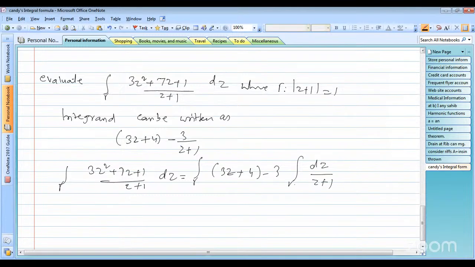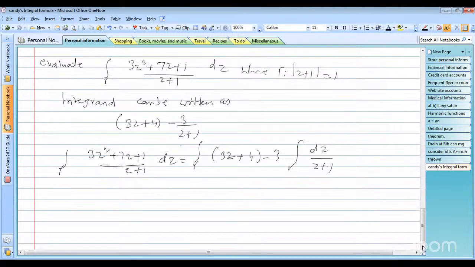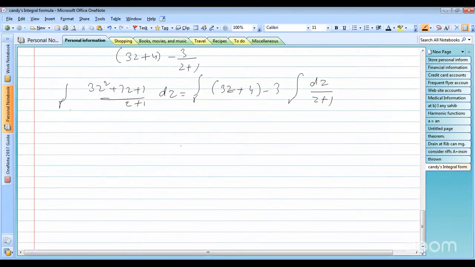For ease of applying the formula, we take the first integral first: the integration over gamma of (3z plus 4) dz is equal to 0.